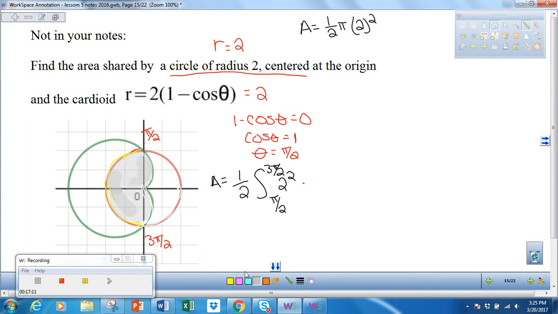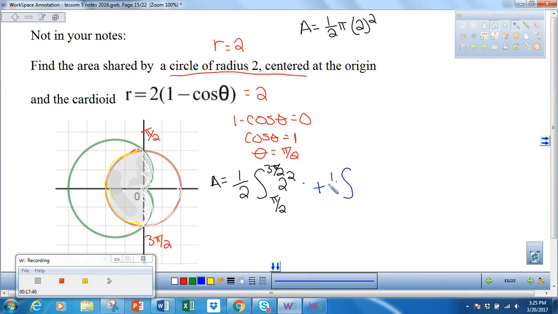Okay? So when I go from pi over 2, I get the area to the left of the y-axis. When I go this way, I'm sweeping this way, I'm getting the rest of it. I'm getting this gray portion here. Okay? And so to do that, because I'm sweeping from bottom to top, I actually have to change my limits.